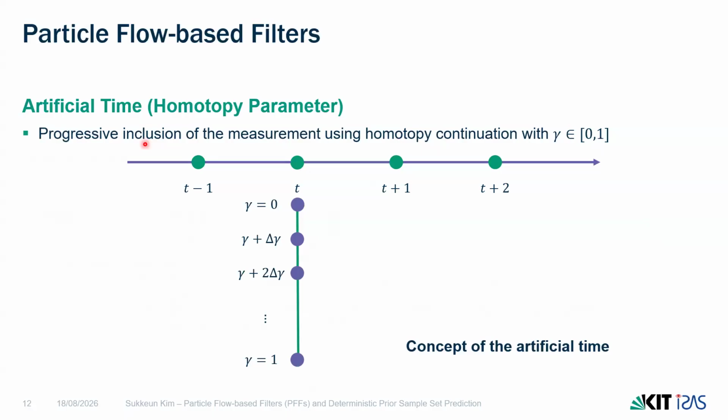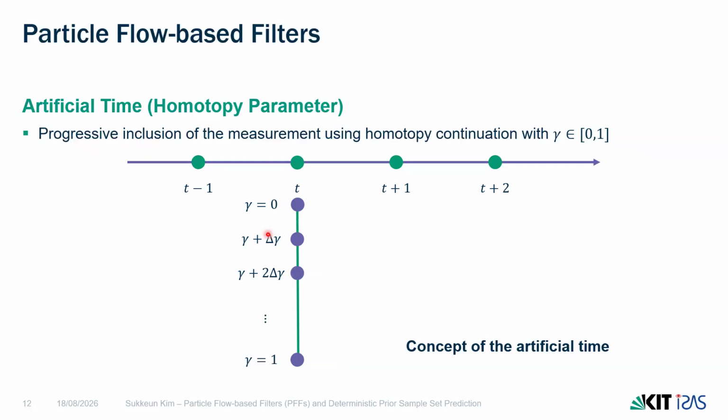The reason I draw this on the vertical axis is that it's not really a discretization between t and t+1, but instead an artificial time-like parameter only for this homotopy continuation. It will be much easier to understand this concept when you see the equations. The key point is that there is a time-like parameter, which is not real physical time and does not divide the time in between time steps, but instead happens within each time step.